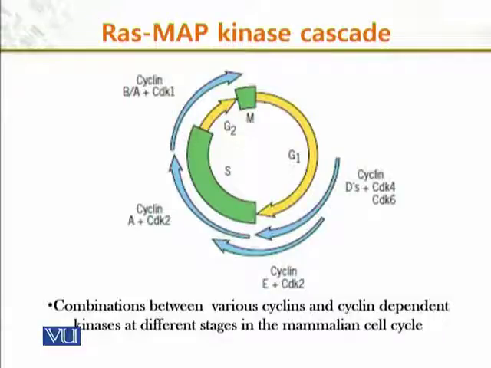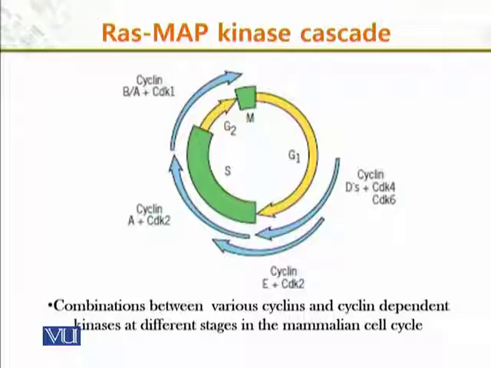Again here we can see the combination between various cyclins and cyclin-dependent kinases at different stages of the mammalian cell cycle. Remember, the mammalian cell cycle has got different stages. तो उसमें ये कहाँ act करते हैं.